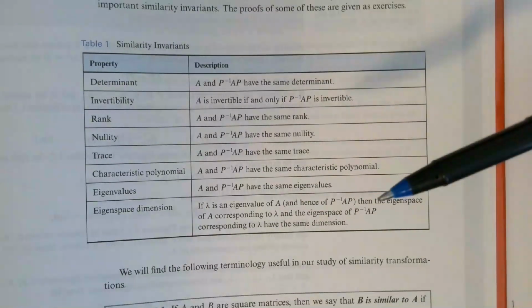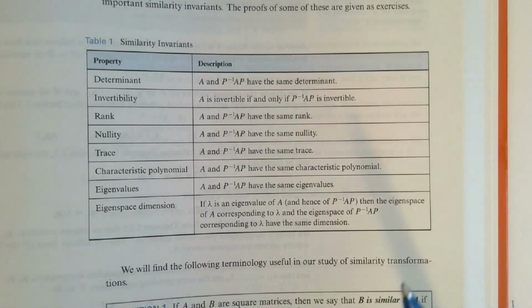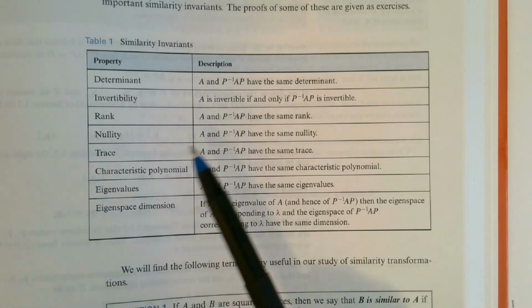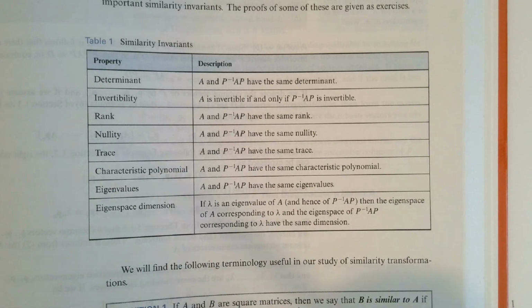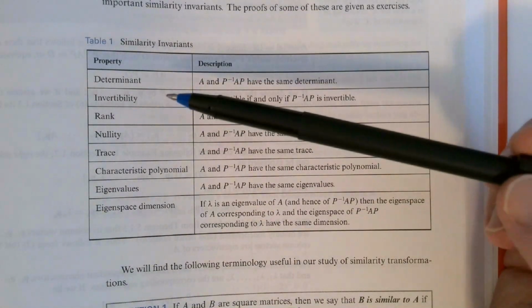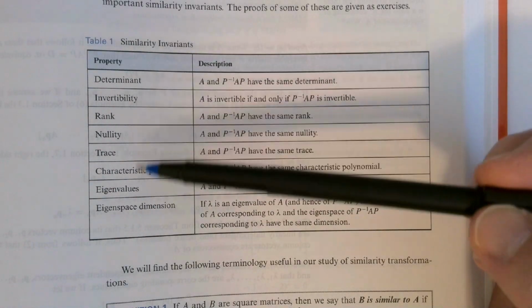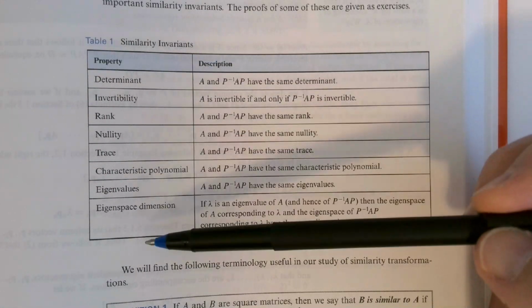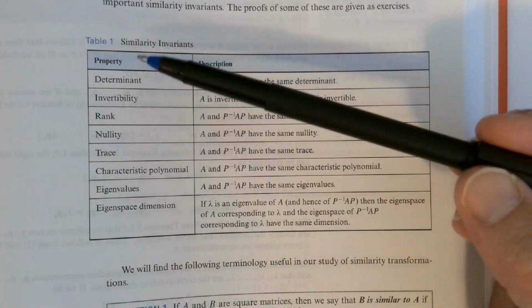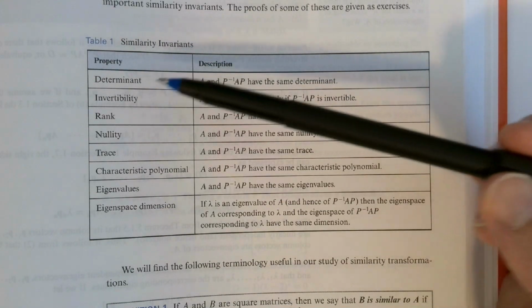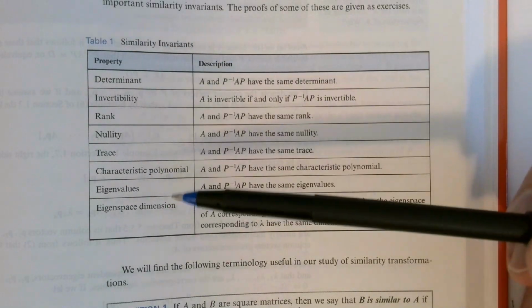So similarity is very nice in a lot of ways. In particular, if I can get my matrix that is similar to a matrix where it's easy to find all these things, and other things, then I can use that fact to transfer these corresponding values to my matrix, since they're the same.